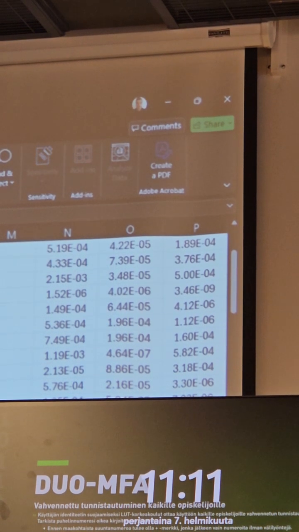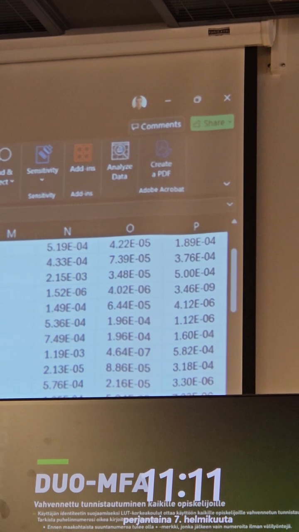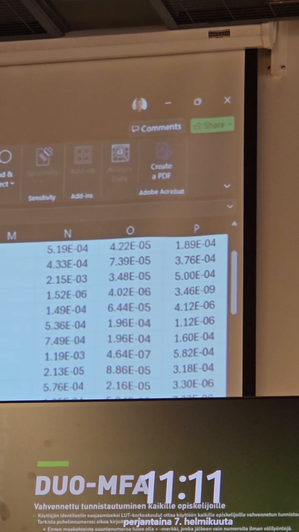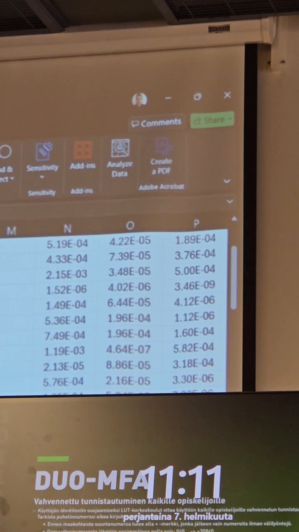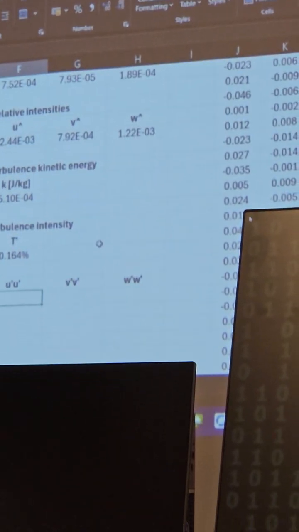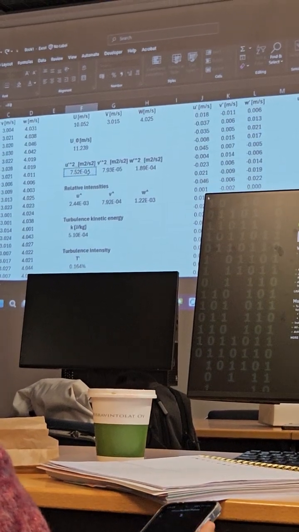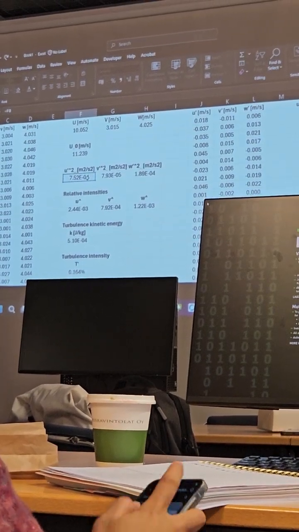So let's write all of the terms, u prime squared, v prime squared, and w prime squared, which are the diagonal terms. As said before, these are equal to the terms calculated before.